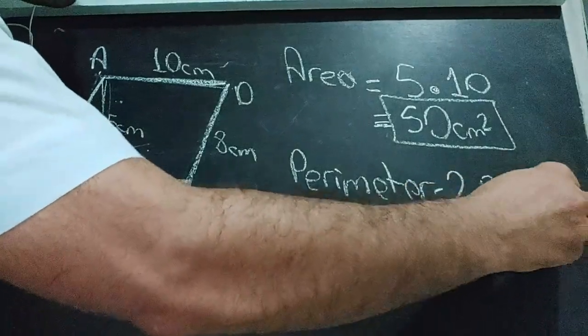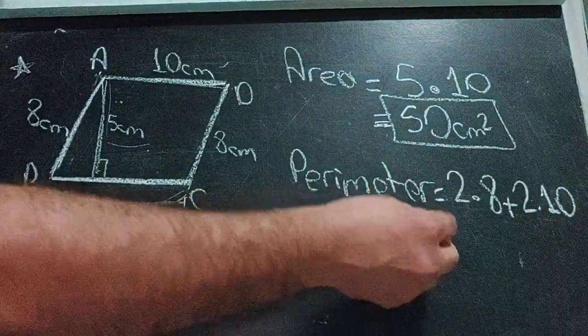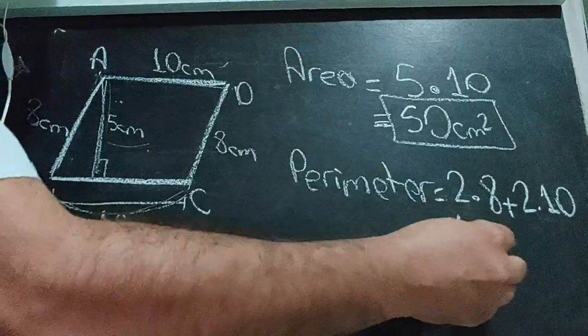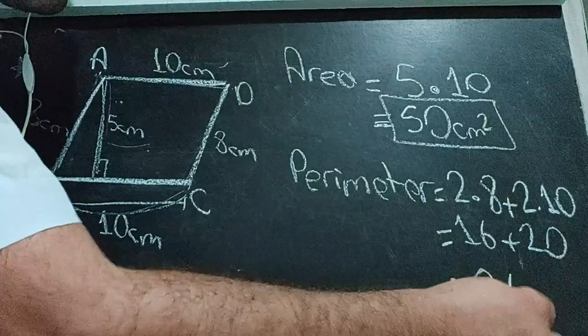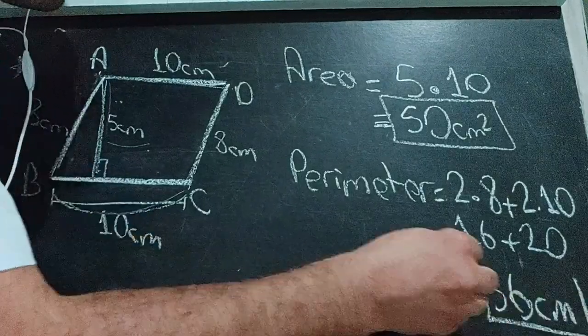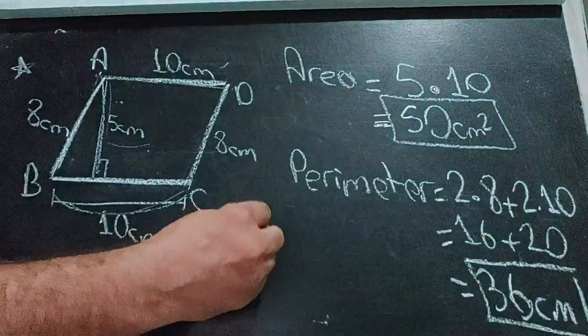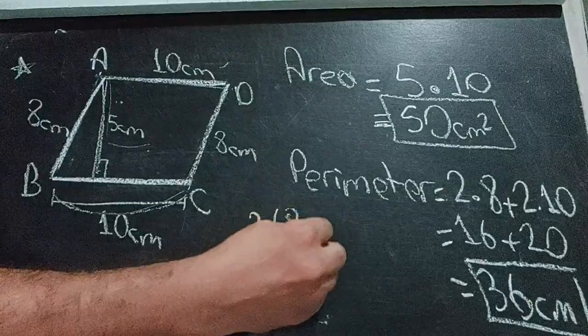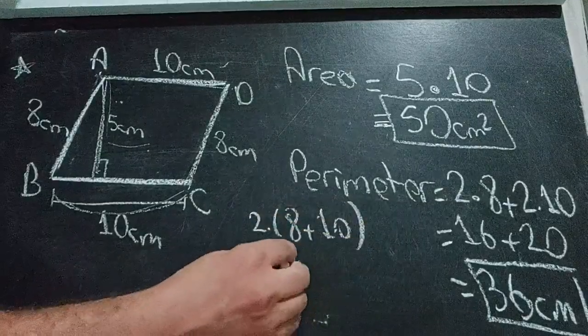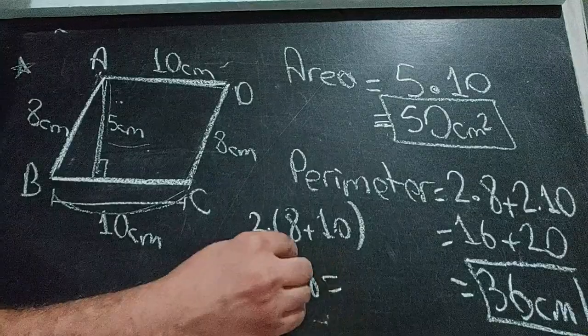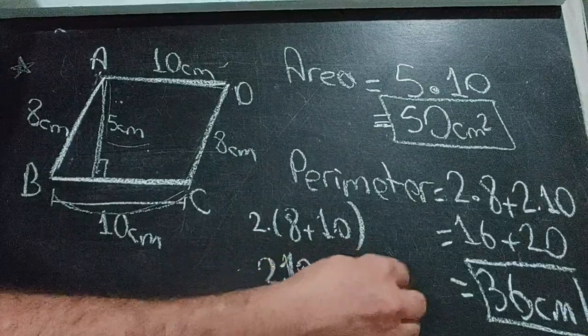So that will give me 16 plus 20, that will be 36 centimeter. You could say it like this too, 2 times 8 plus 10, which is going to be 2 times 18, that will be 36 centimeter too.